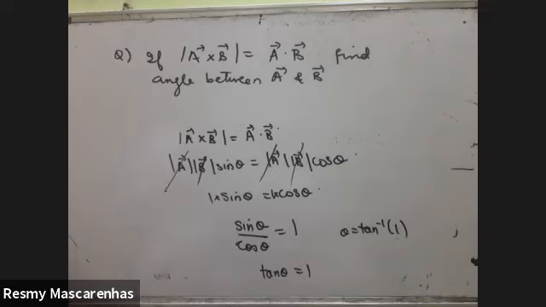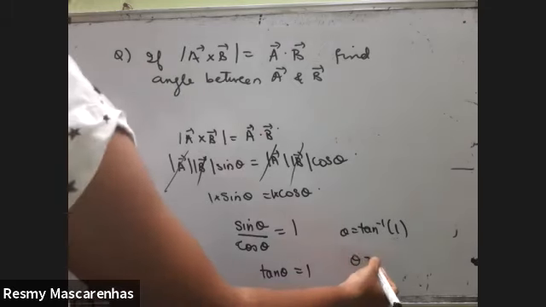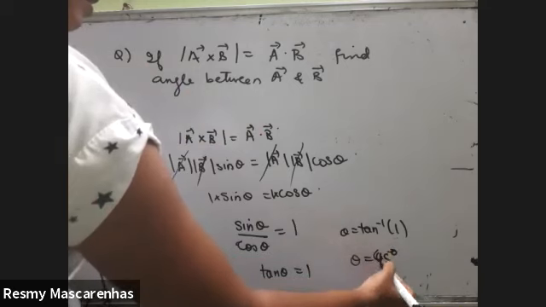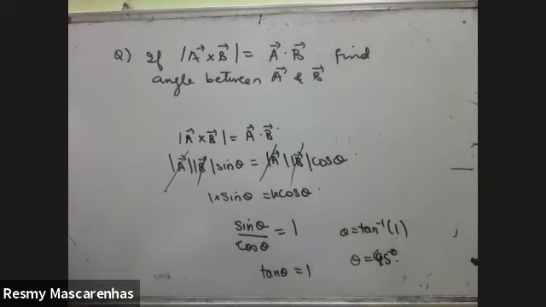Normal trigonometric table. Tan 30 is 1, tan 45 is 1, tan 60 is 1? Check. 45. Yes. So theta will be 45 degrees. So this is about the dot product.